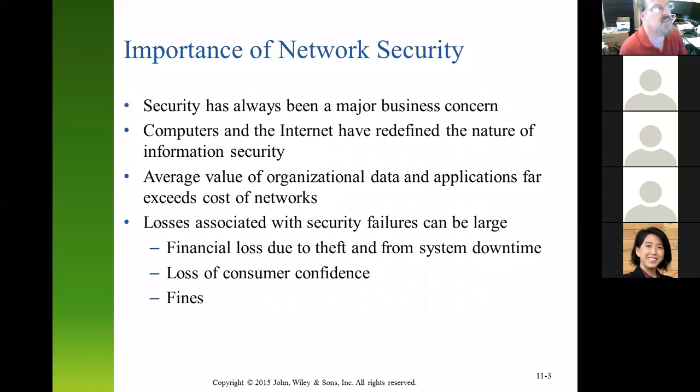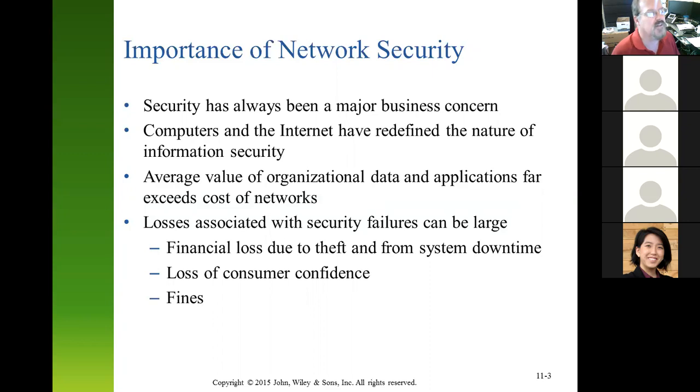It's always been a major business concern, but now that everything is in the cloud, now that everything is connected, it's pretty much the number one priority, right past making sure your employees are safe, although that's part of it as well.